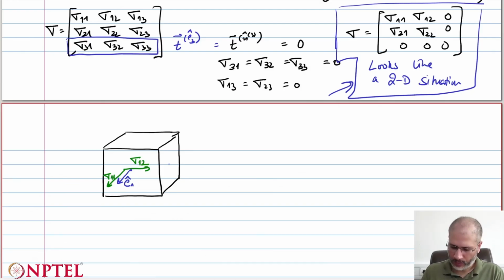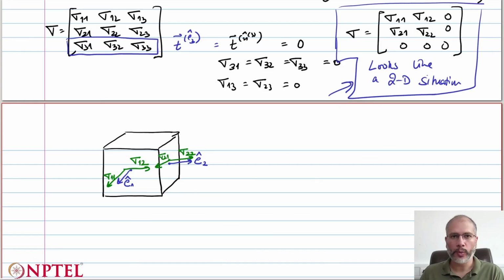Now we'll see the cutting plane with an outward normal in the E2 hat direction. So here again the second row of sigma shows that there is a normal component which is sigma 22, and there's a component along E1 hat direction, which is sigma 21.